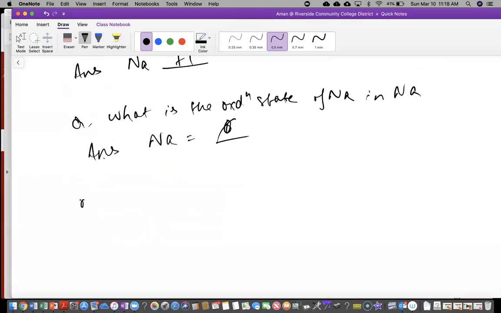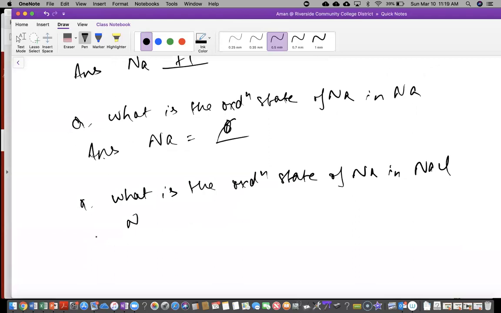But when I say, what is the oxidation state of sodium in sodium chloride, then what is the answer? It would be plus 2, right? Think again. Why would it be plus 2? When it's NaCl, that means they should have charges.